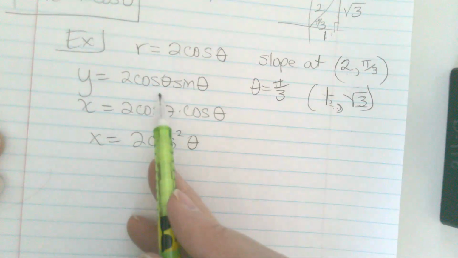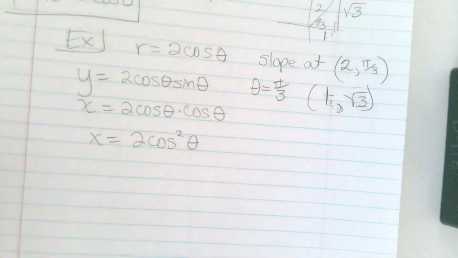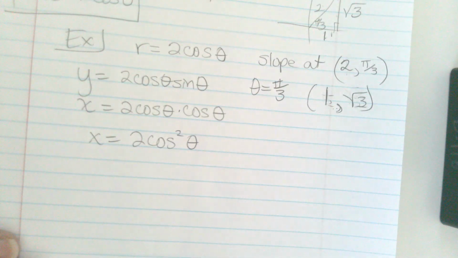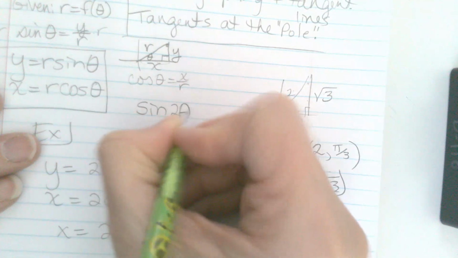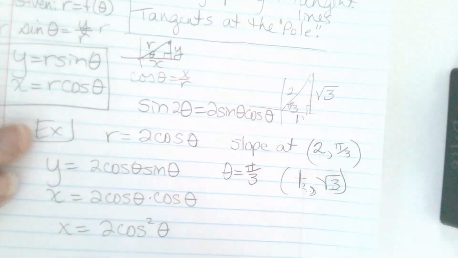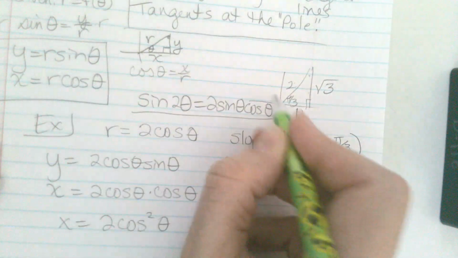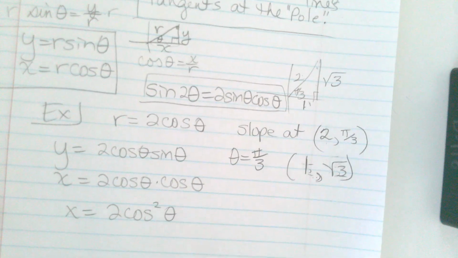Anybody have any recollection on what 2 sine theta cosine theta is really the same as? It's the double angle formula for sine. The sine of 2 theta is 2 sine theta cosine theta. It's the one double angle formula. I said, y'all, if you can remember this one, for Calc BC, you're going to be a step ahead.